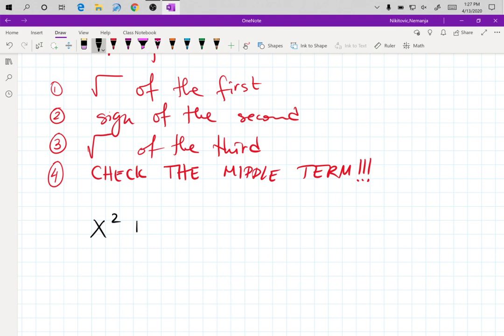So x squared plus 14x plus 49. I know it's a special type of factoring because there are square terms here, right? But I don't know if it is until I check the middle term. So my suspicion is, square root of the first, that's x.